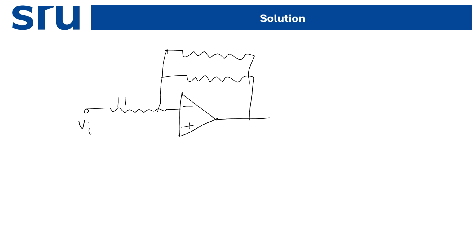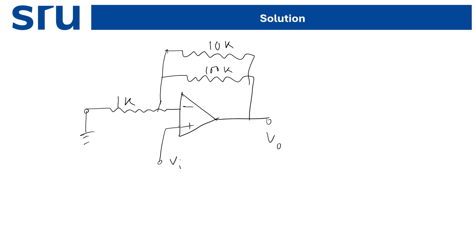Here is 1 kilo ohm, here is 10 kilo ohm, here is 100 kilo ohm, and here, sorry, this will be non-inverting, so it will be grounded, and here we will connect the Vo. This way we will take the Vo.